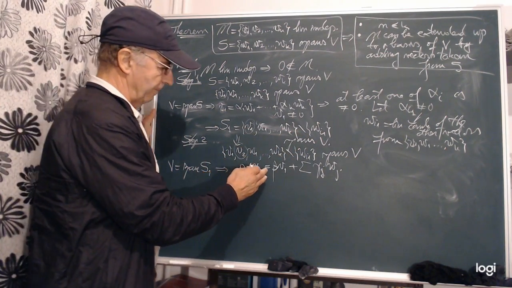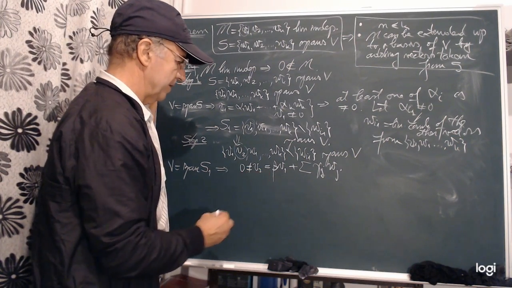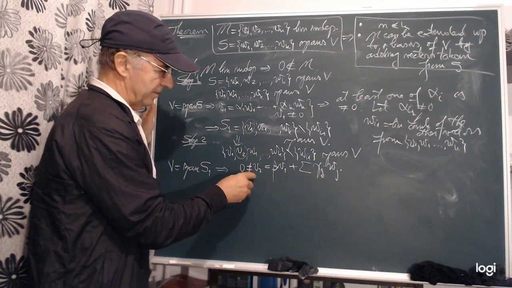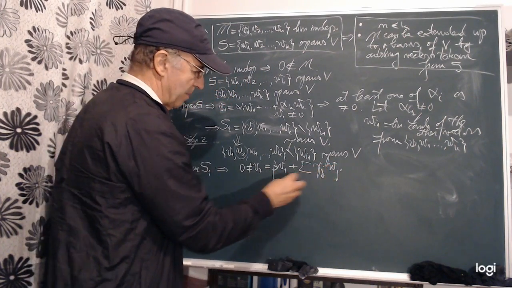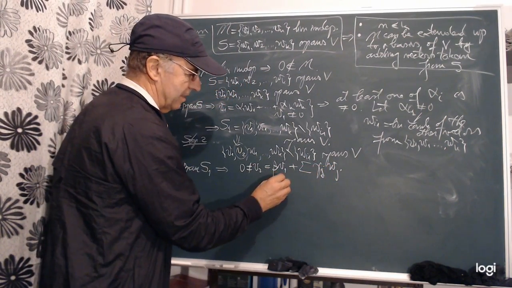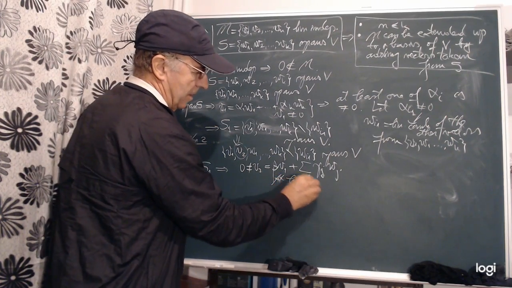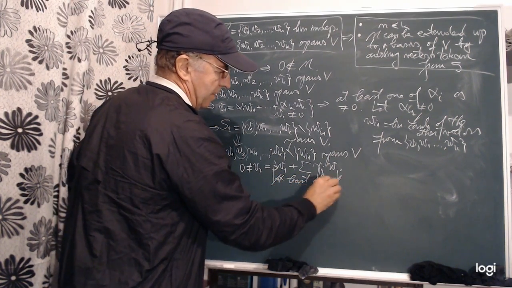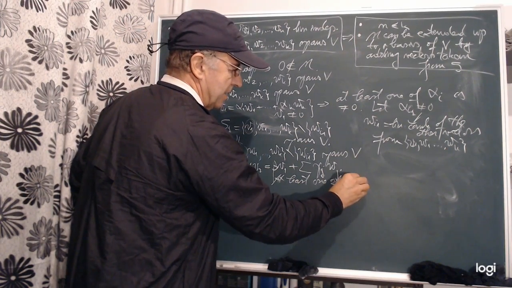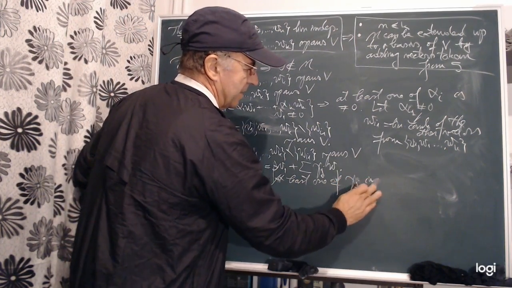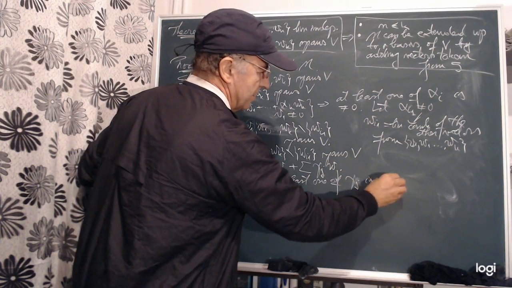Firstly, from this we can remark that at least one of gamma j is different from zero.